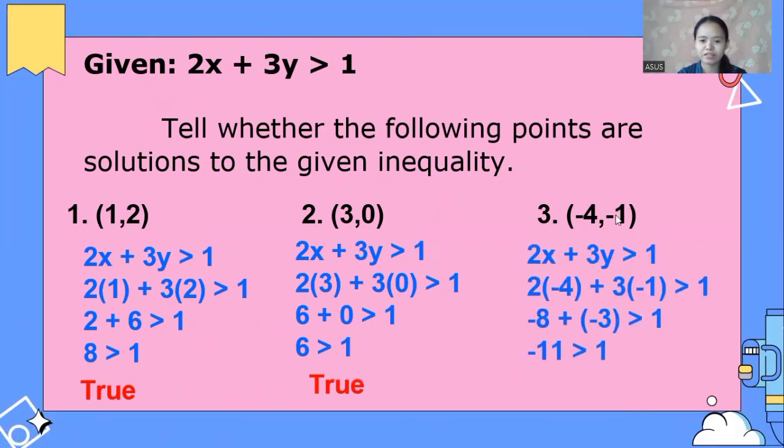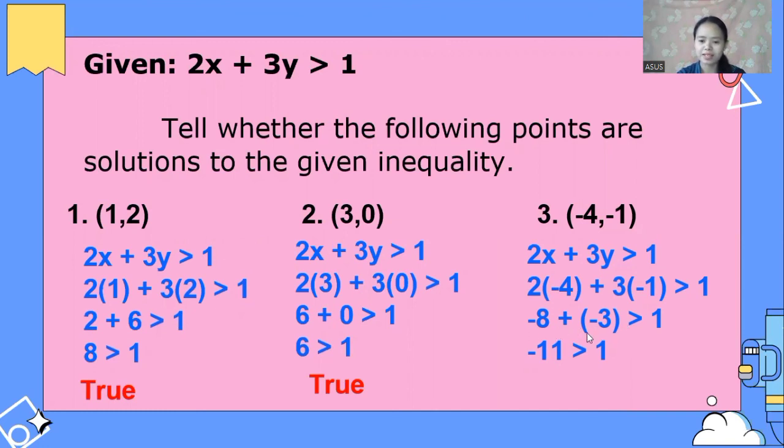Lastly, given our inequality 2x plus 3y is greater than 1, our x is negative 4 and y is negative 1. Now let's substitute: 2 times negative 4 plus 3 times negative 1 is greater than 1. Now let's simplify.